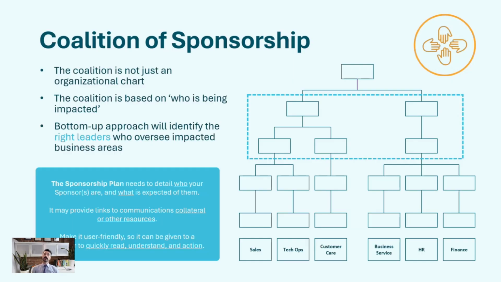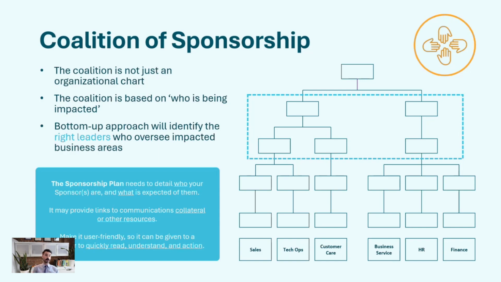It's something that you as a change manager, or if you're doing a change management role like in our example today, need to do some analysis on and figure out who should be in your coalition of sponsorship. It's often effective to leverage a bottom-up approach.